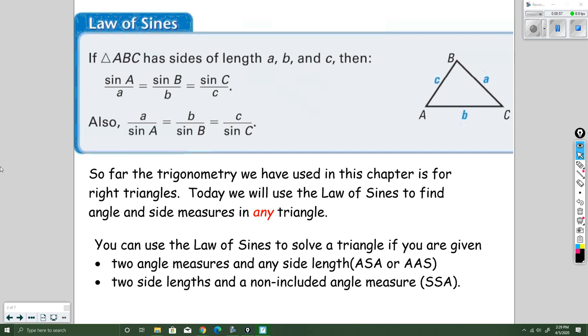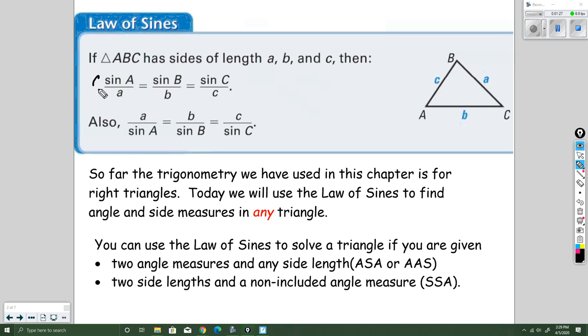So if triangle ABC has sides of length a, b, and c, then the sine of A over side a equals the sine of B over side b, which equals the sine of C over side c. Remember, the angles that we're talking about are capitalized, and the side lengths are lowercase, so that we know where to plug in lowercase a or uppercase A.